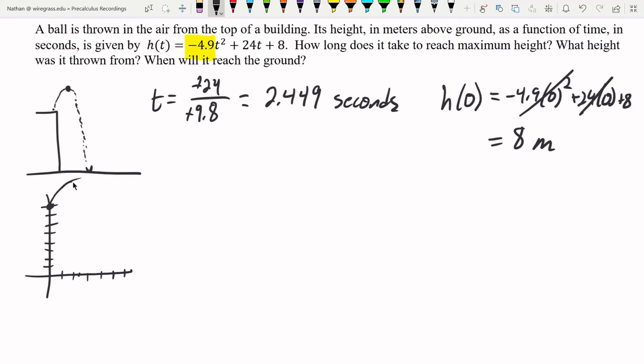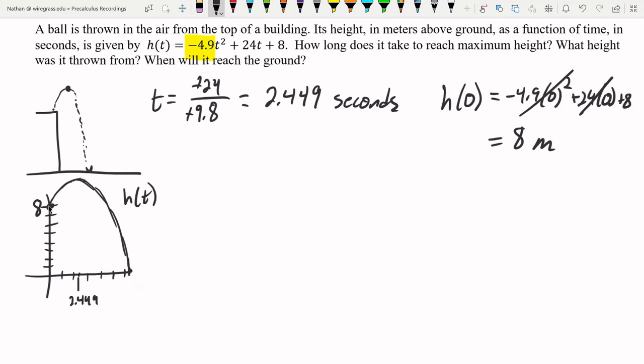This is kind of what the quadratic looks like. This is at 8. This right here is 2.449. And you can see that it does hit the ground at some point. And the question is, what time does it reach the ground? Well, if this is our function, h of t, then all we're looking for here is the x-intercept.